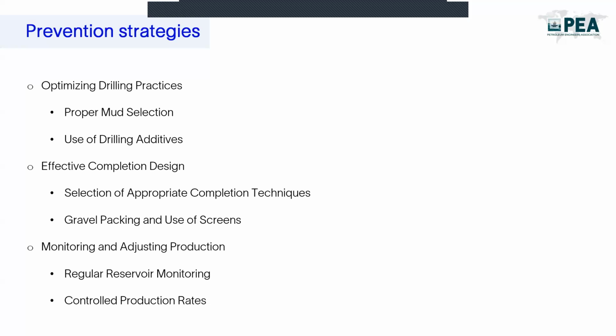Adjust the production rates based on the reservoir conditions and well performance data to maintain a balance between maximizing recovery and minimizing damage. By implementing these prevention strategies, like optimizing drilling practices, designing effective completions, and carefully monitoring and adjusting the production, you can significantly reduce the risk of formation damage, thereby maintaining reservoir productivity and ensuring the long-term success of the well.